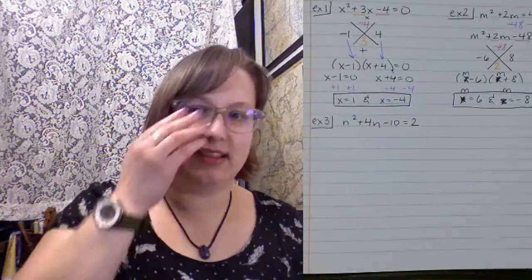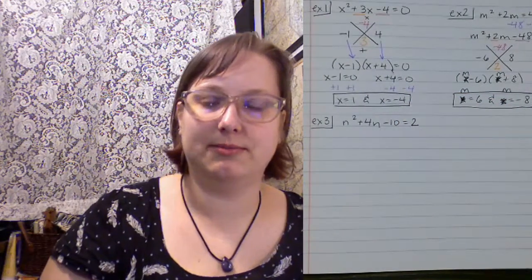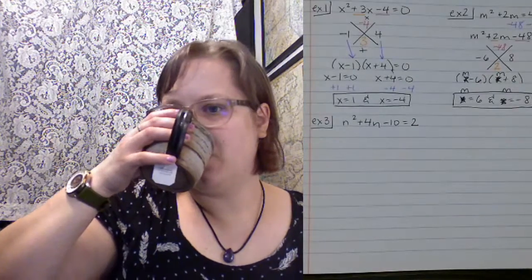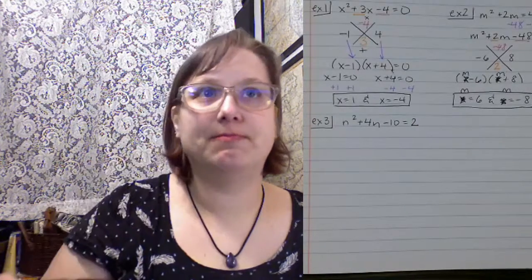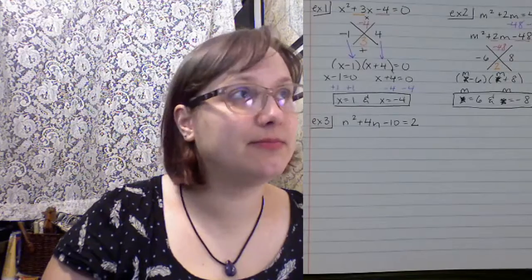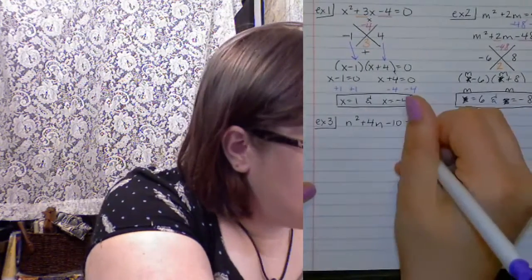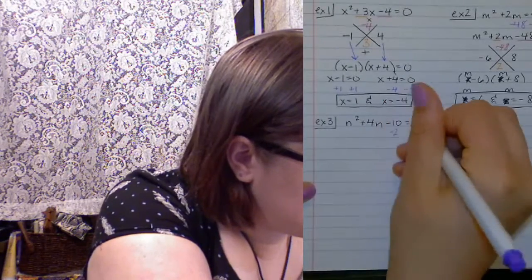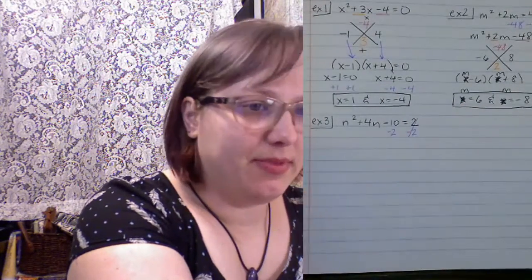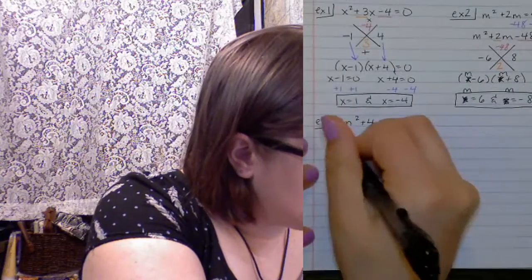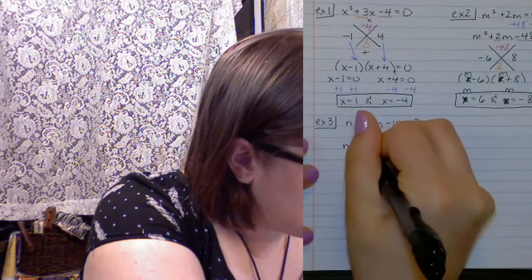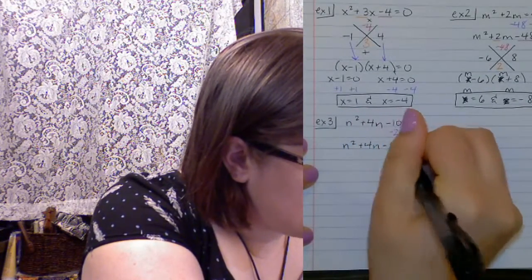So that'll be kind of like the last 2 problems. All right. So I'm going to subtract 2 from both sides. And I have n squared plus 4n minus 12 equals 0.